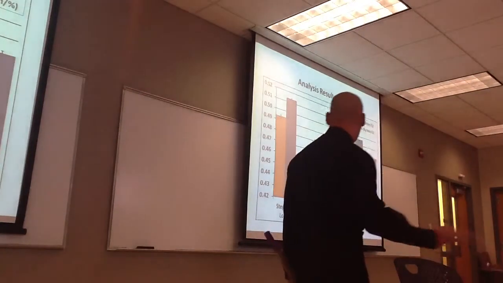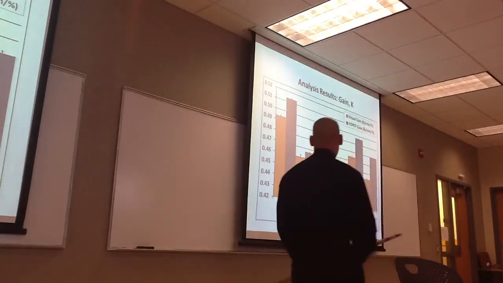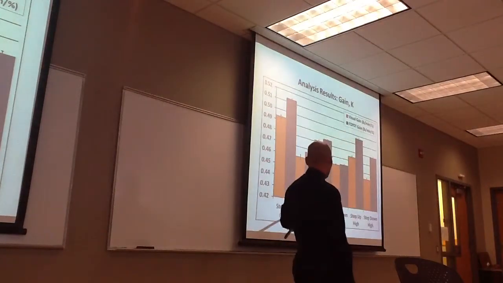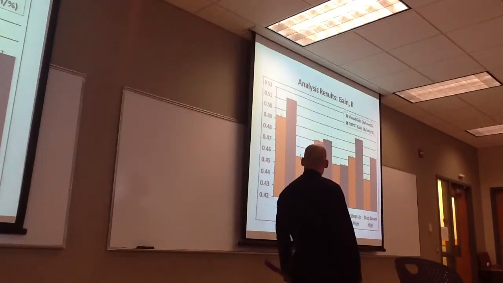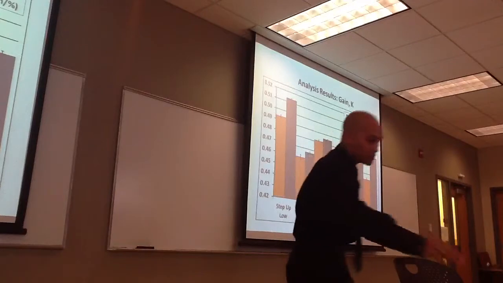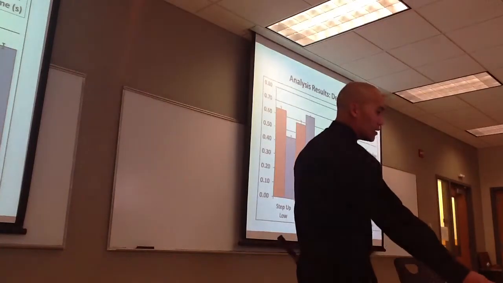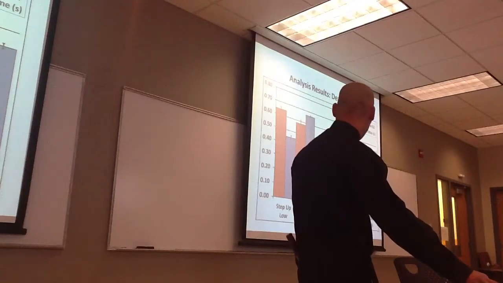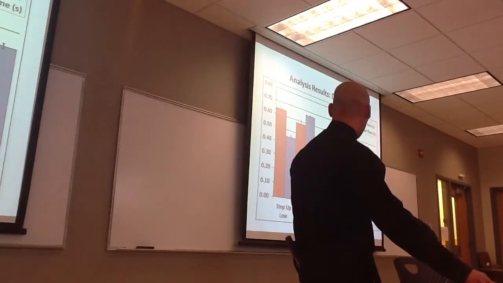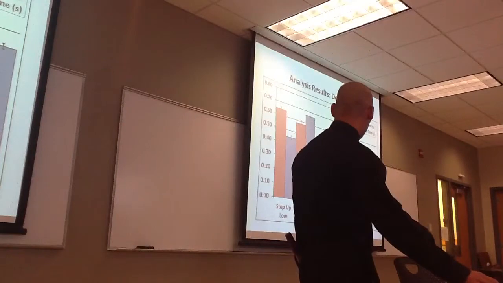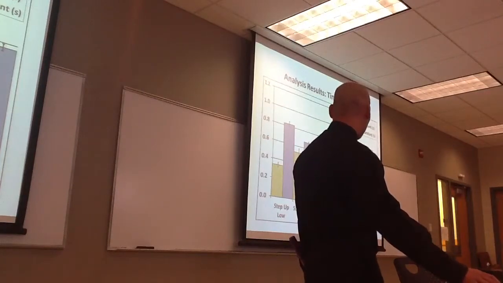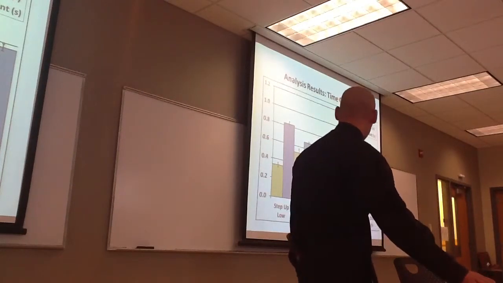This is the analysis result for gain for all the step up and step down for all three ranges, and so far they're pretty close to each other. Same thing with analysis for dead time, theta, for all three ranges, step up and step down. And time constant now. These look pretty close to me.